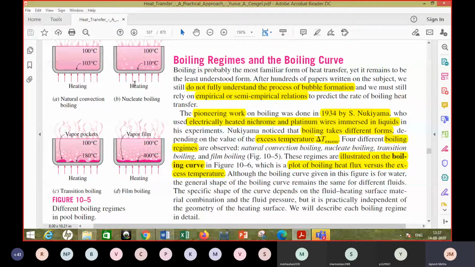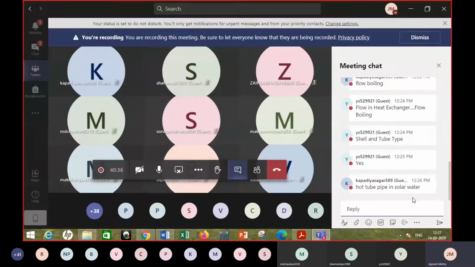It mainly depends upon the rate at which you supply the heat, or rather the heat flux. But that's not the only criterion, as you will see when the boiling curve is shown to you. And here it is transition boiling at 180 degrees Celsius. Here it is film boiling due to very high temperature of the surface. Okay.